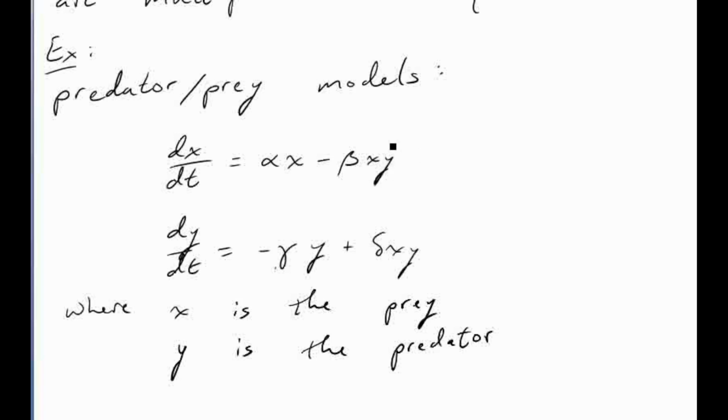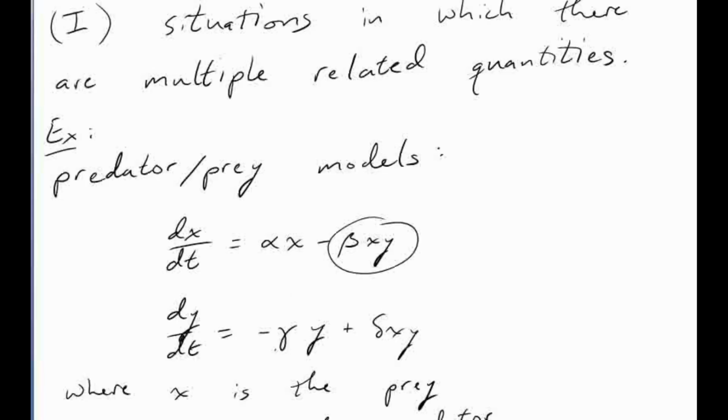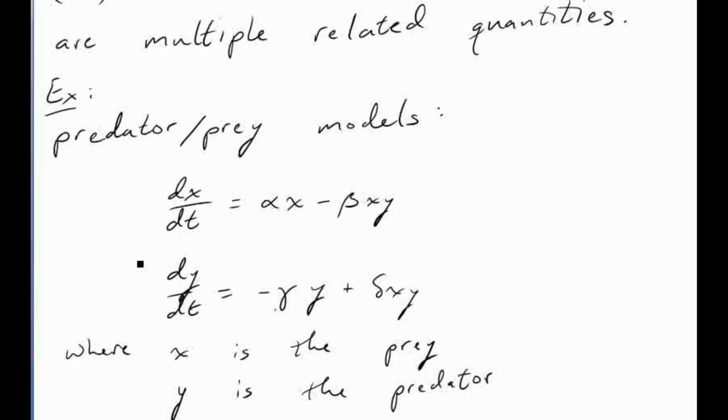So for example, right here and right here, those represent the two situations of predator-prey interaction as experienced by each of the two categories, and in particular for the prey, interacting with the predator is bad, and it ends up subtracting from your population, hence the negative.